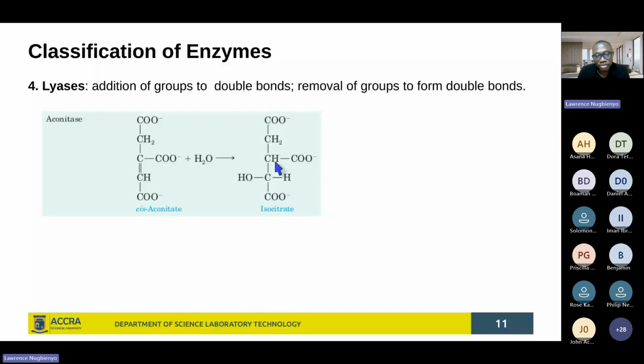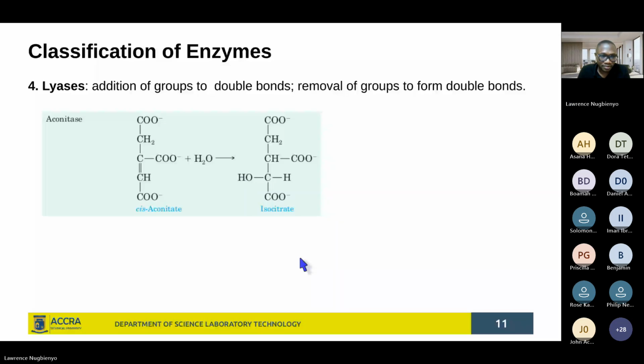Hydrogen goes to this carbon, and then the hydroxyl group OH comes onto this carbon, and the double bond is removed. It's actually a reversible reaction. So you can either have that removal of the double bond, or if it is the reverse of the reaction, the formation of a double bond. And the enzymes that catalyze such reactions are referred to as lyases.